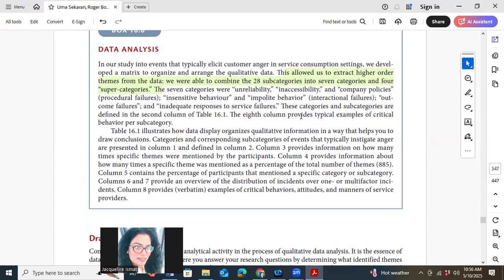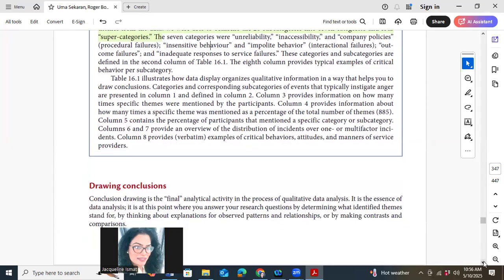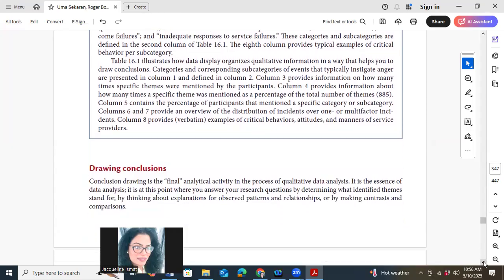Table 6.5, the grade column, provides examples of the category. Table 6.3 explains how the data display organizes the information, in a way that helps you to draw conclusions. We can reduce the volume of information.